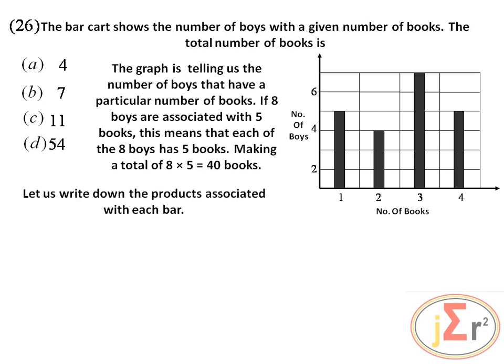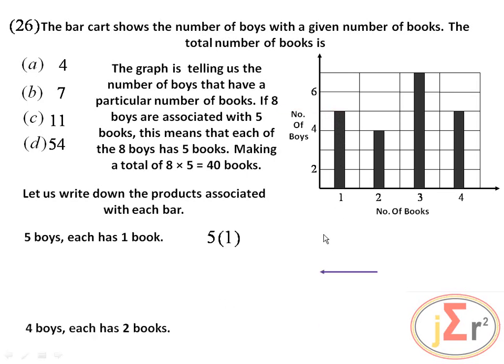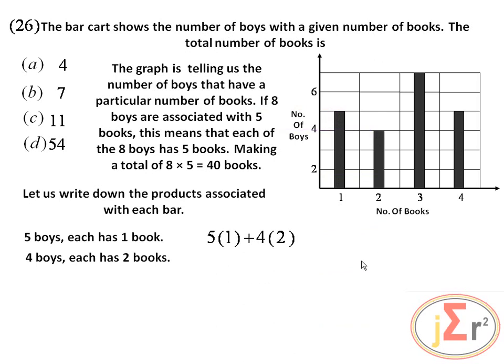So let us write down the product associated with each bar. So that is your first bar. We have 5 boys, each has 1 book. So we have 5 times 1. Then what do we have? 4 boys each has 2 books, right, 4 2's.